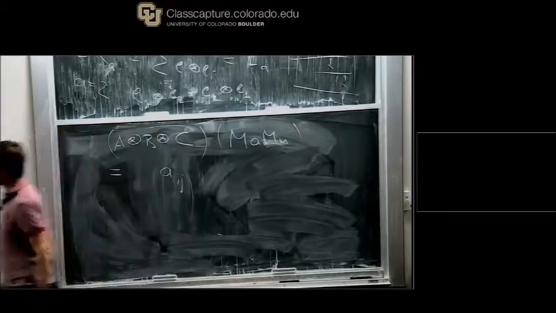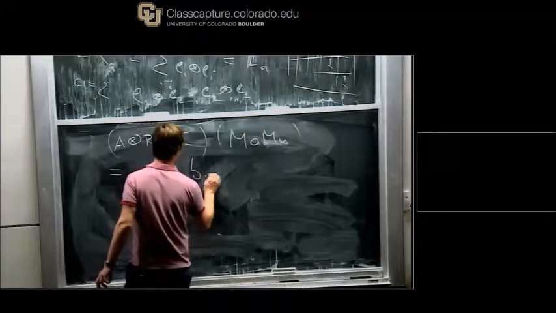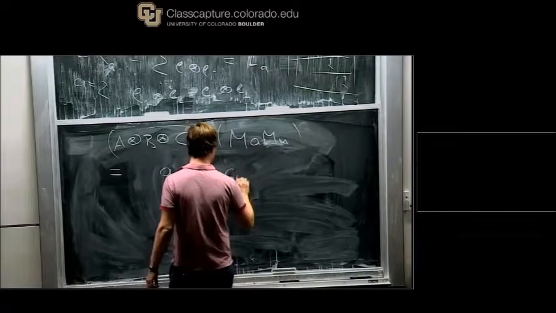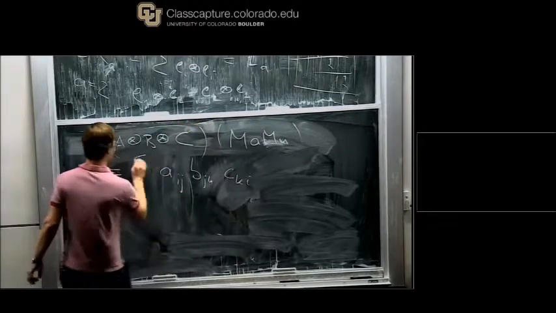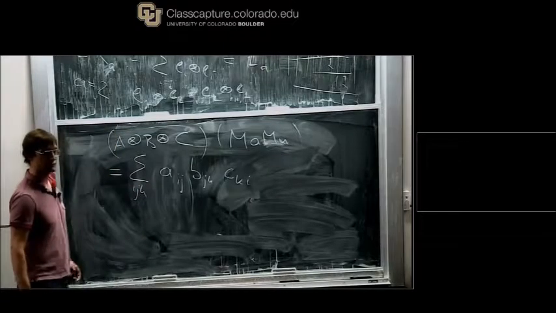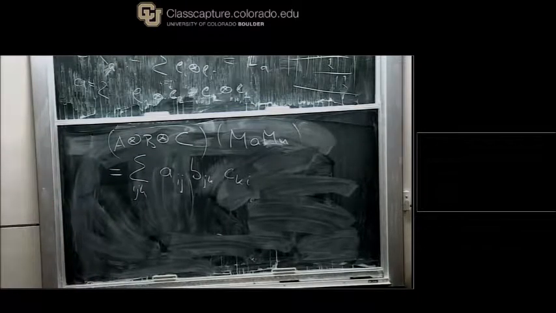The second one will make sure that I get the jk component. And the last one will make sure that I get the ki component, and then I have to sum over all of them. And that is exactly the result if you take this map.